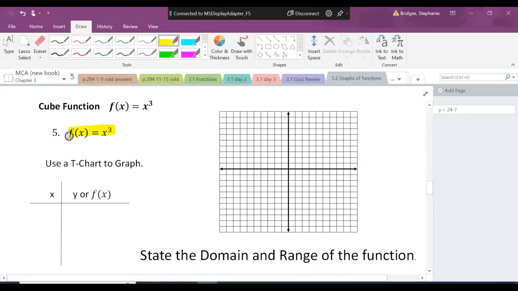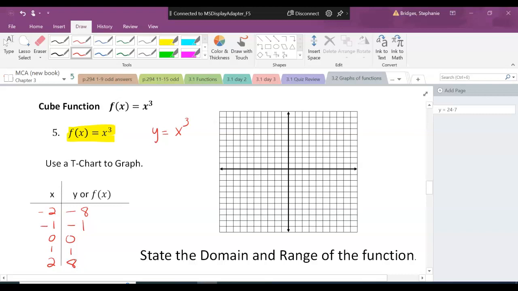We are using f of x is equal to x to the third, which means y equals x to the third. If I cube negative 2, I get negative 8. If I cube negative 1, I get negative 1, and 0, positive 1, and positive 8 for 2.